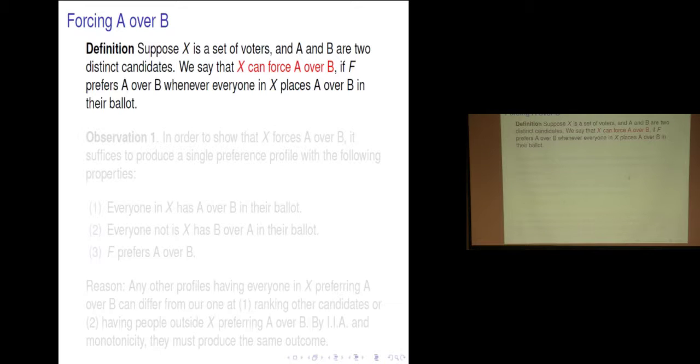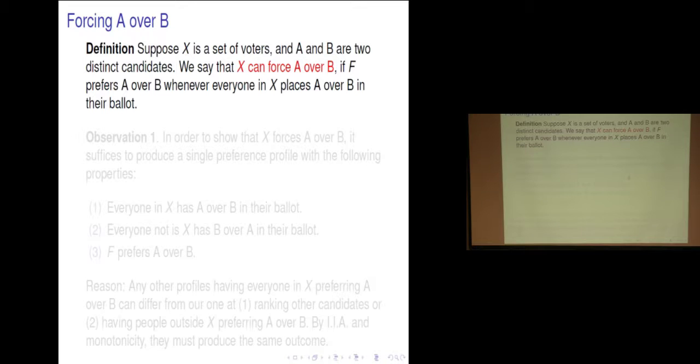So we say that X can force A over B. I'm going to define this phrase, the meaning of this. X can force A over B if F prefers A over B whenever everybody in X plays A over B in their ballot.